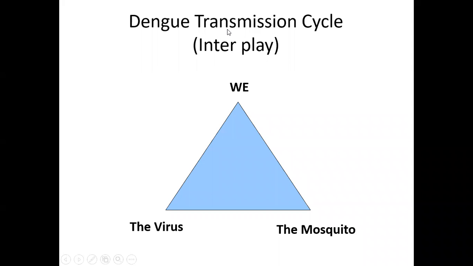The dengue transmission cycle has 3 major factors. When the interaction of these 3 occurs, the infection occurs. This is the mode of transmission of the dengue virus.